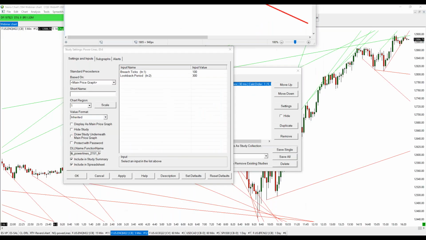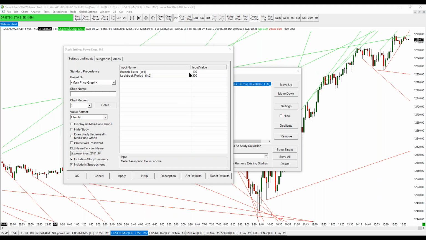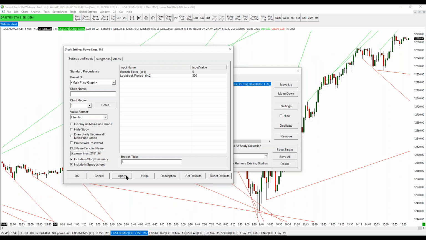Okay, so if I go to the charts, and of course I set 300 look back, it means it's only reading 300 bars back historically, so I don't have a congested chart. If I make it a 5-tick breach, so very sensitive, you see some of them gone.